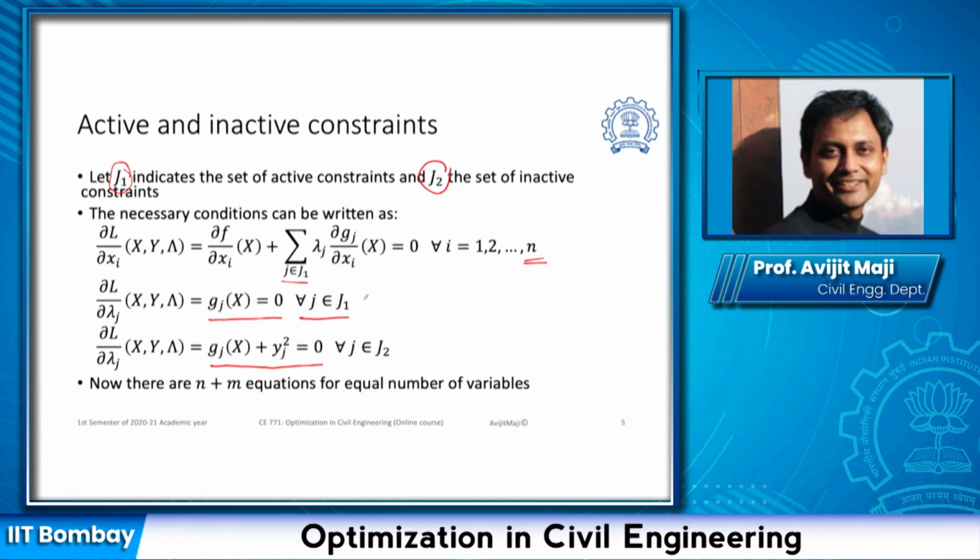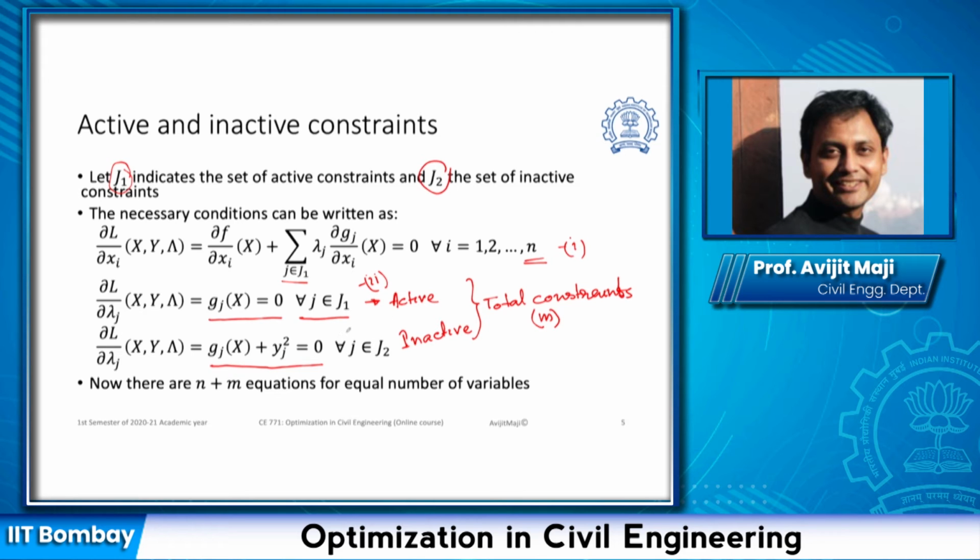So this is going to be the active constraints and these are going to be the inactive constraints. So together these are the total number of constraints. It indicates that the total number of constraints is m.